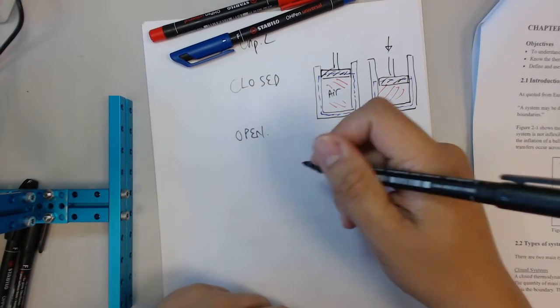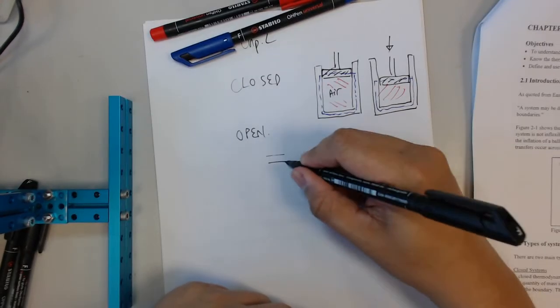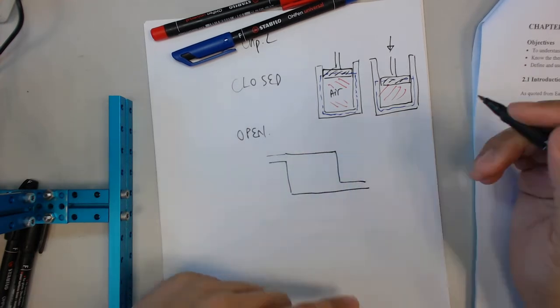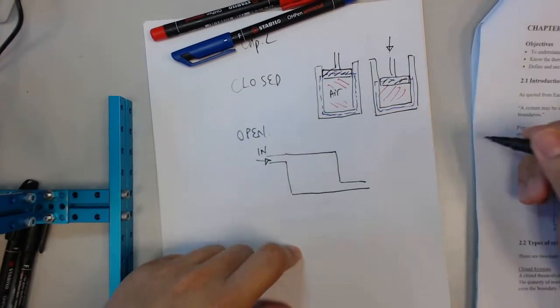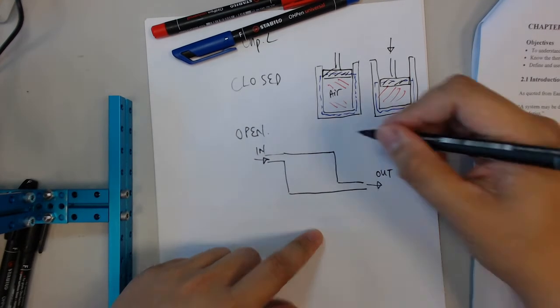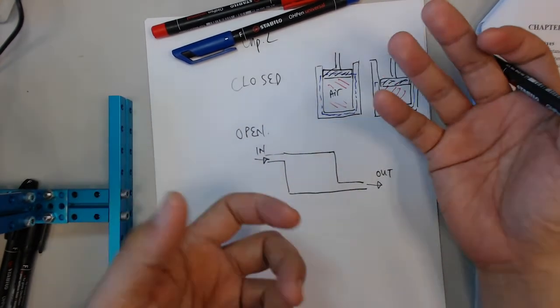But if you compare to open systems, for example, in any open system you typically see an inlet going in and an outlet. And what goes in and what comes out is a certain gas, a certain fluid, or a certain liquid.